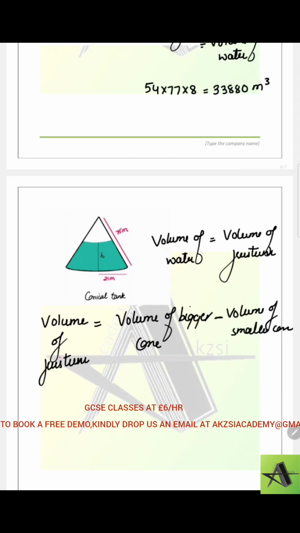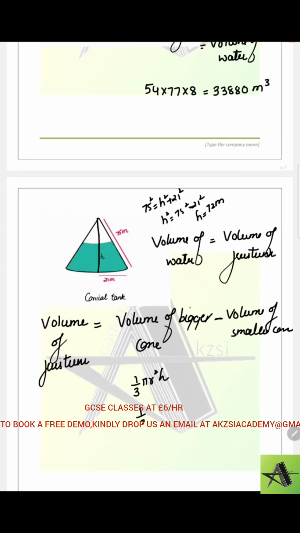So volume of bigger cone is 1 over 3 pi r squared h. We don't have h here, we have to calculate it. We know this is a right angle triangle, so 75 squared is equal to h squared plus 21 squared. H squared is 75 squared minus 21 squared, and finally, on solving, you'll get h as 72 meters.